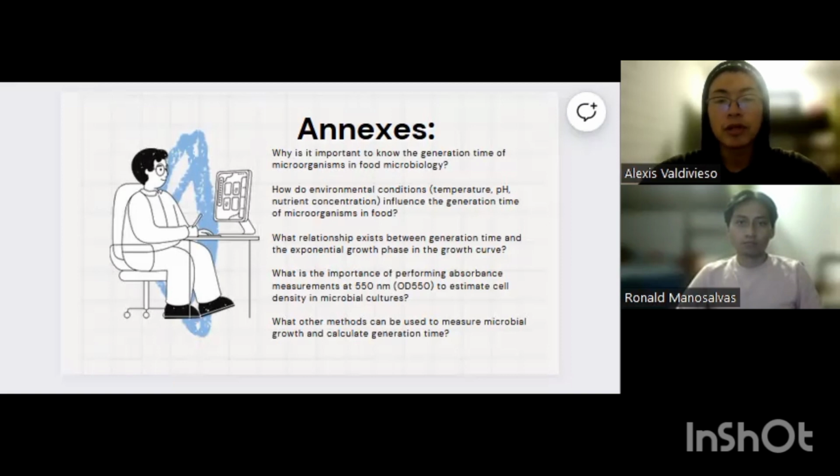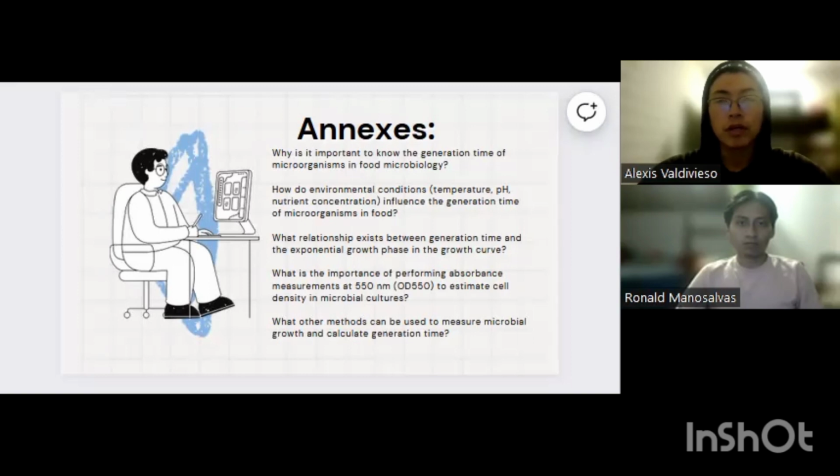Biomass measurement. Biomass can be measured by weighing the cells or by quantifying cellular components like proteins or DNA. By tracking biomass increase over time, one can calculate generation time.